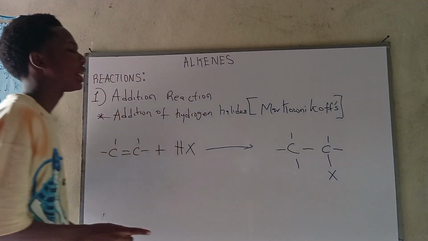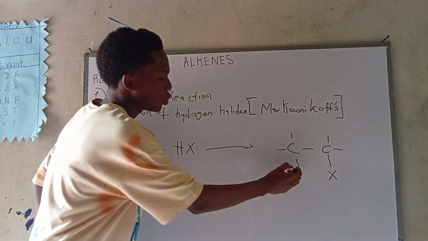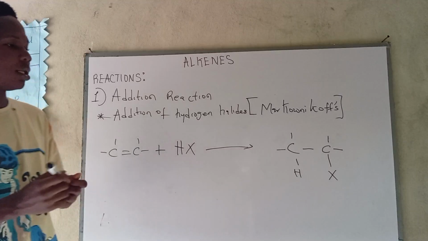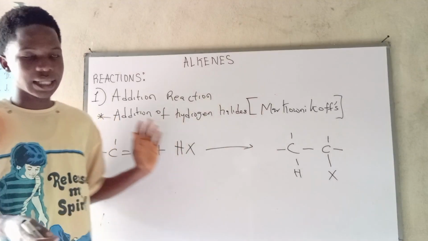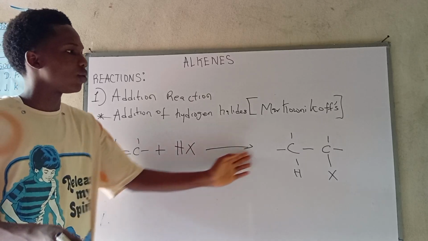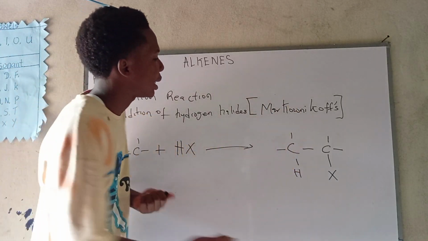This hydrogen here will now come here. This is how the general formula looks. When an alkene is added to a hydrogen halide, it will become a haloalkane or an alkyl halide.